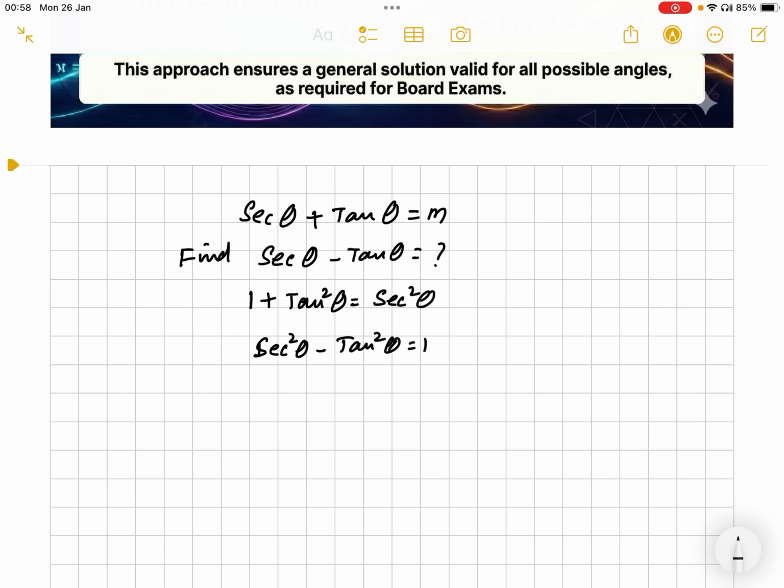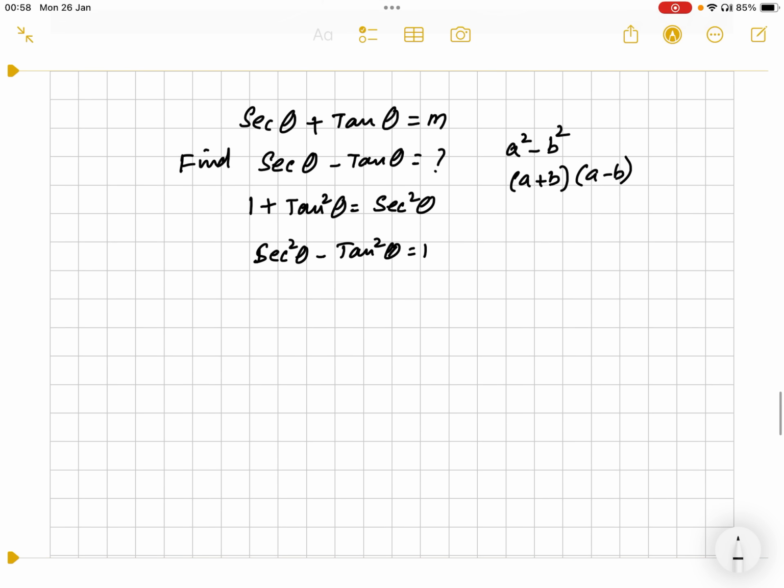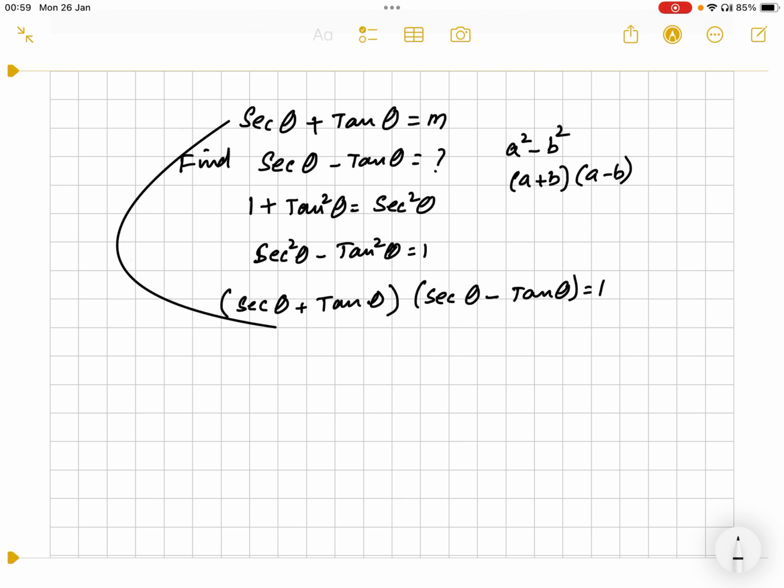You remember this algebraic identity, a square minus b square is equal to a plus b multiplied by a minus b. Apply the same algebraic identity here. We have secant theta plus tan theta multiplied by secant theta minus tan theta equals 1. And we know secant theta plus tan theta is equal to m.